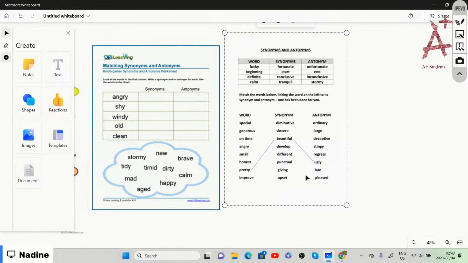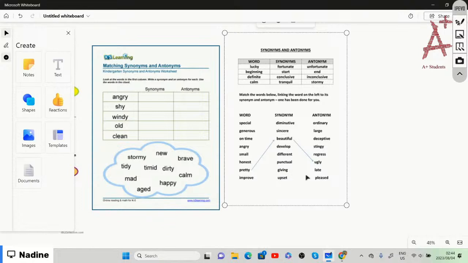Calm is tranquil. Now, the opposites of these words: the opposite of lucky is unfortunate or unlucky. Beginning and the end. Definite, the opposite is inconclusive. And then calm, it is stormy.